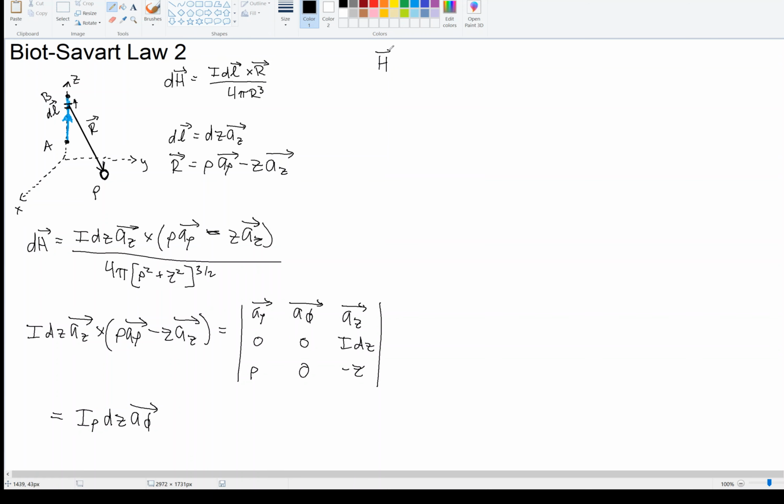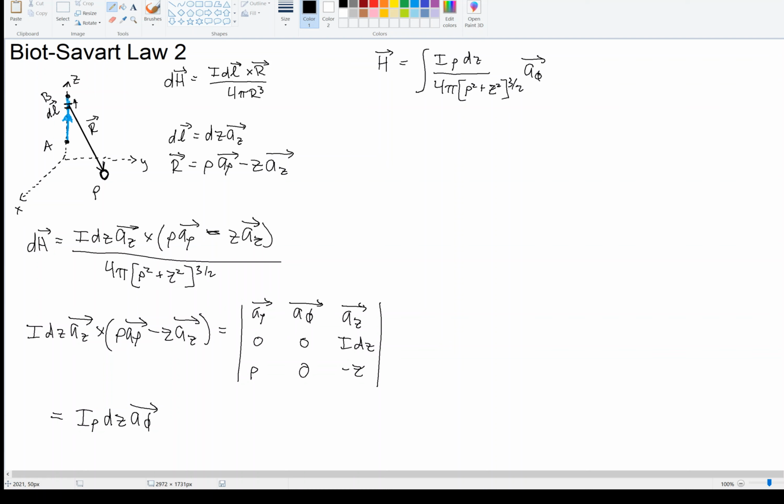Now what we have to do to compute the entire magnetic field at that field point is integrate our result there. Remember, the numerator was this thing. Then we still have the denominator, 4 pi times rho squared plus z squared to the 3/2 a phi, like that.